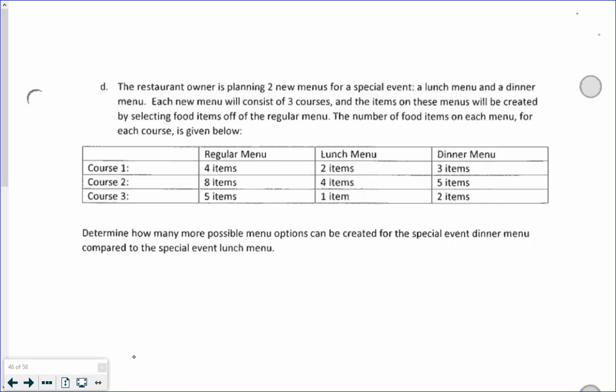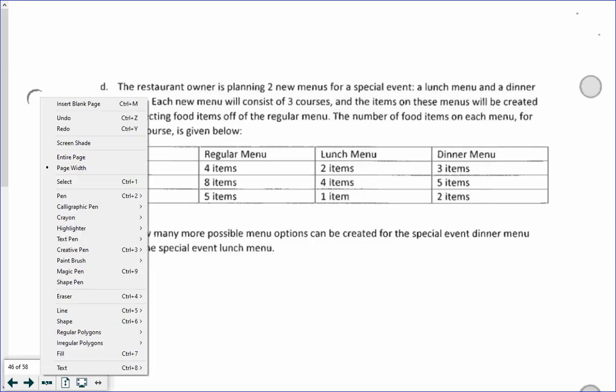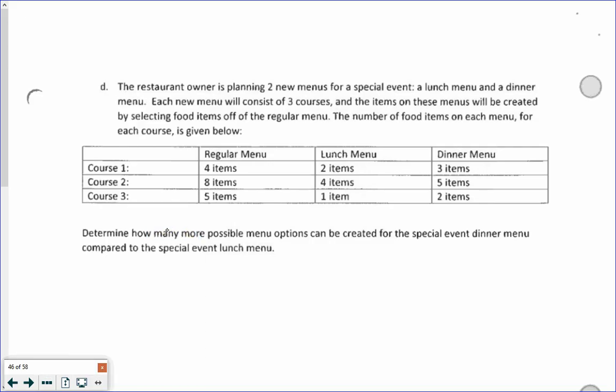Each new menu will consist of 3 courses, and the items on these 3 menus will be created by selecting foods off of the regular menu. That is the key to this question. You're going to select items off of the regular menu. The number of food items on each menu for each course is given below.